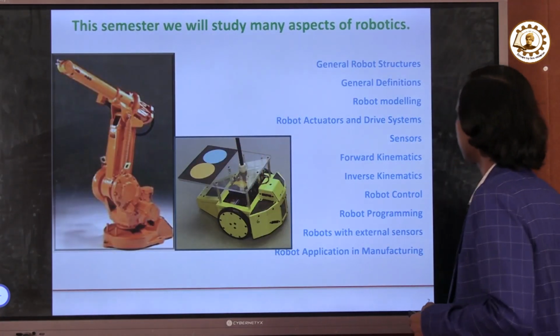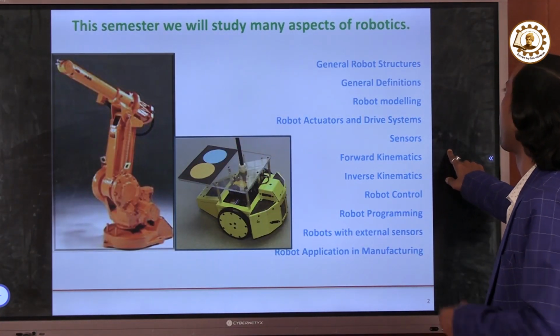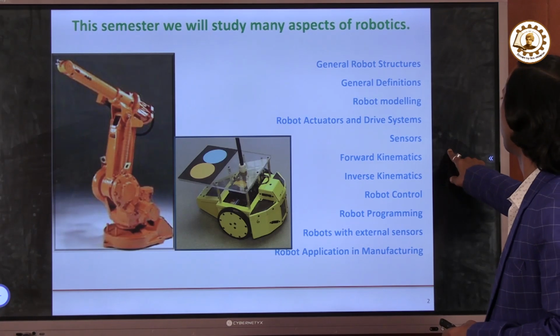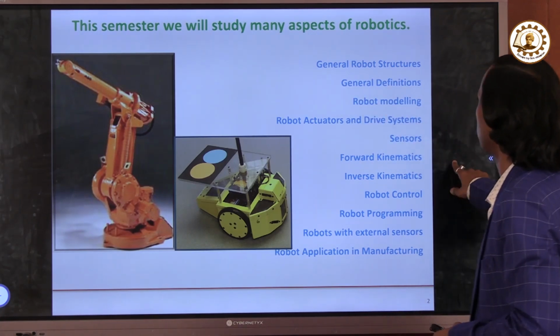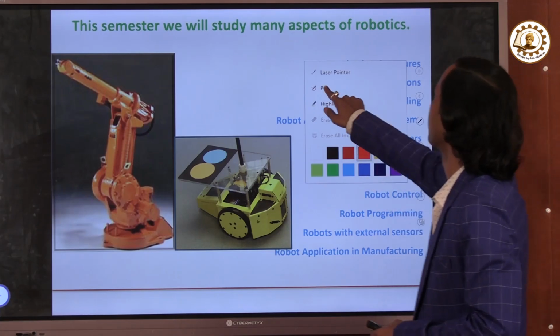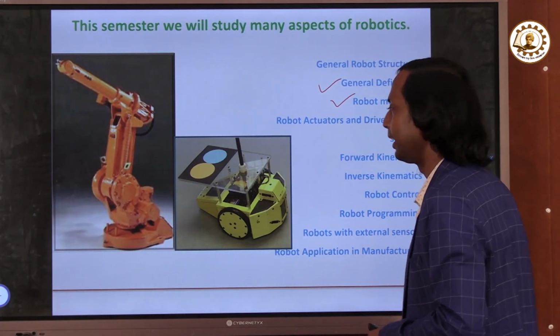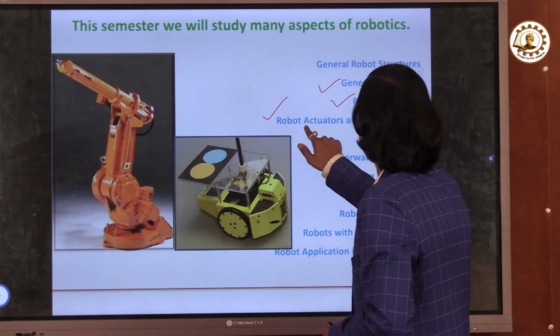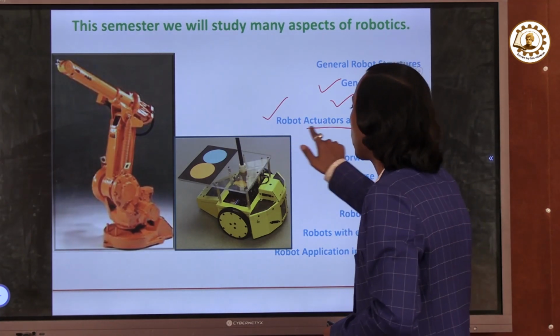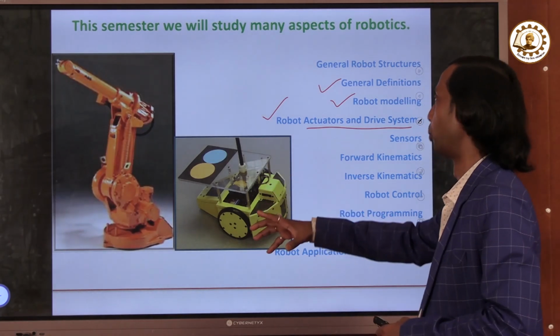In this semester we want to know the general robot structure, then the general definition, robot modeling, robot actuator and drive system. This is one of the main topics in robotics.